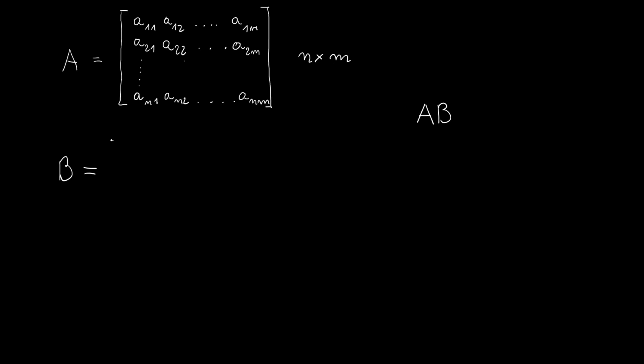So B1,1, but we need to end here with Bm1, and let's say the number of columns is arbitrary, so we can continue till, let's say, 1p. P will be our number of columns.